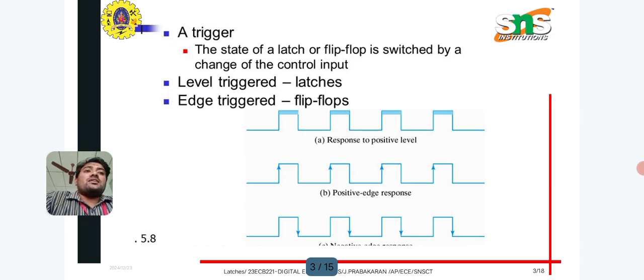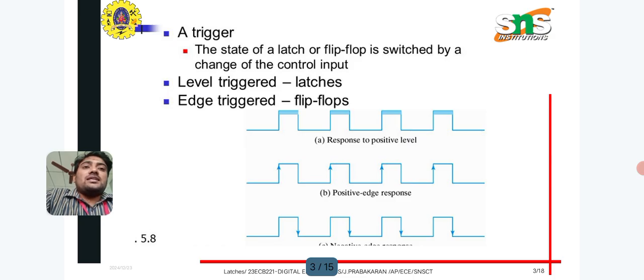The reason for level triggering in latches is their asynchronous nature. That means latches don't rely on clock edges. Instead, their behavior is determined by the level of the enable signal, that is active high or low. While the enable signal is active, the latch is transparent and its output follows the input.